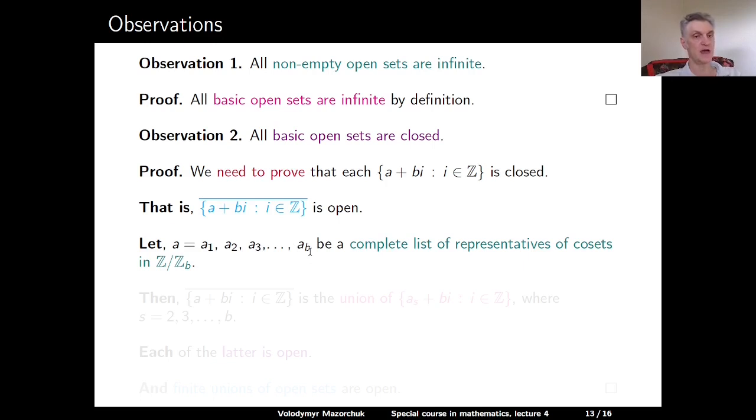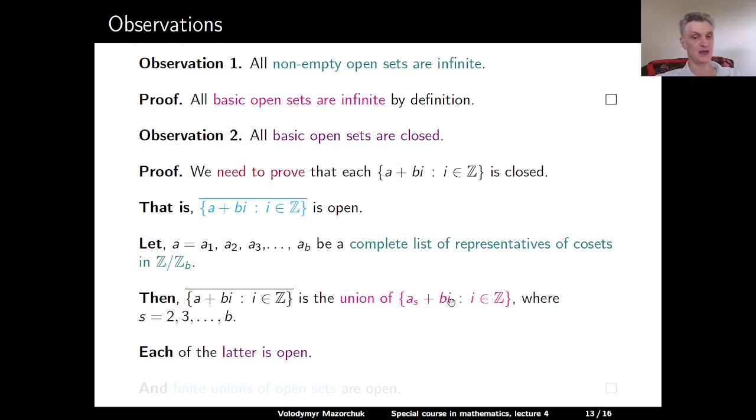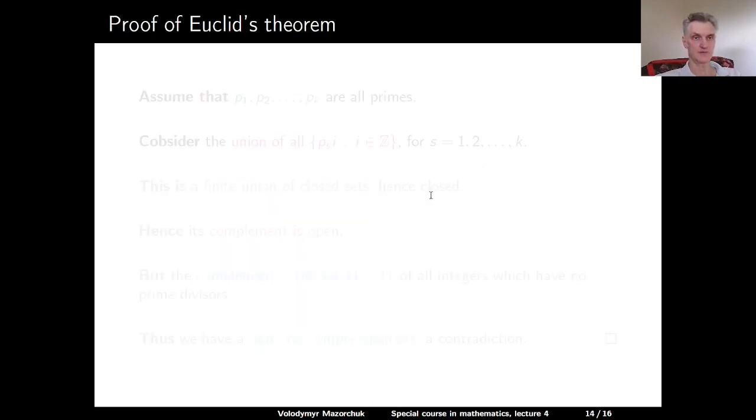Great. But then the complement to our set a plus bi is the union of a_s plus bi, where i is in Z, where s is 2, 3, and so on up to b. And that's a finite union, and each of the elements of the union is open. So this finite union is open, and so the complement to it is closed. And that's the set we started with. So all our basic sets are both open and closed.